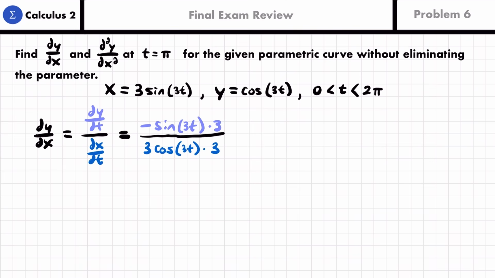Okay, so that's dx dt, which means we have now set up dy dx. We now just want to simplify it, and notice that we have these common factors of 3 in the numerator and denominator that will cancel out. And then also notice that we have sine of 3t divided by cosine of 3t. Whenever you have sine divided by cosine, and they both are of the same angle, or they both have that same inside function, you can just rewrite that as the tangent function with that inside function.